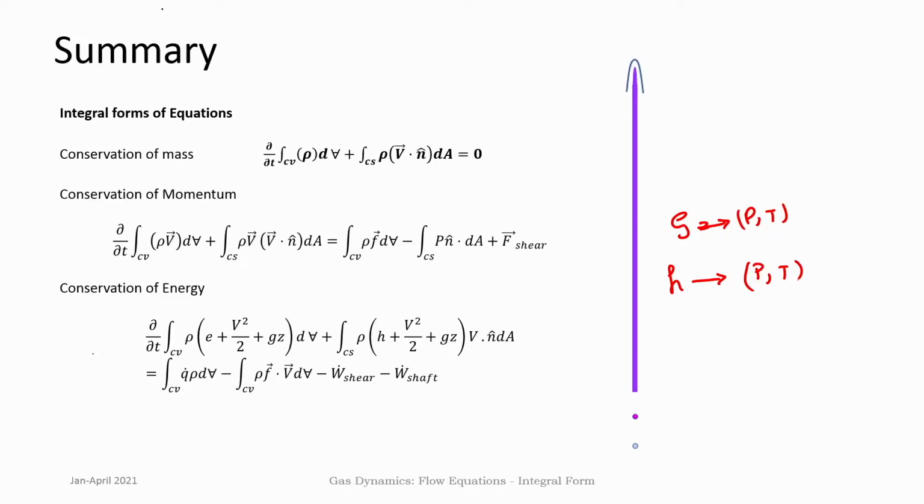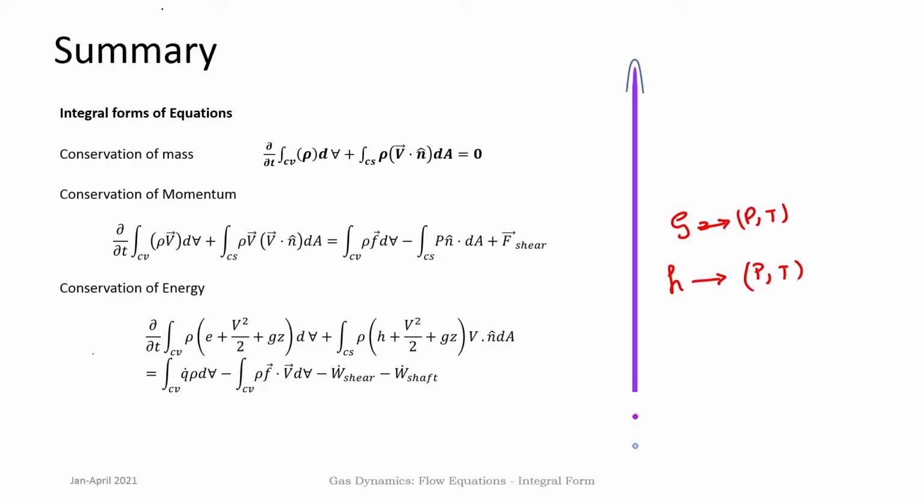Very soon we will see how this can be applied to get certain simplified forms of these conservation equations in the context of, say, one dimensional systems, and then we can look into more depth of the application of these principles.